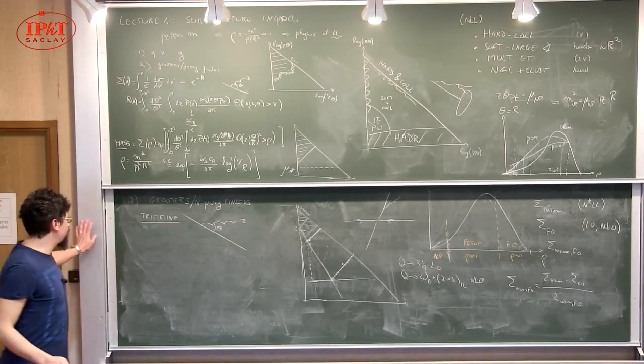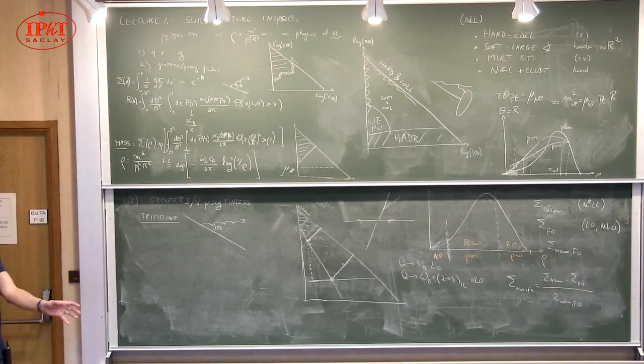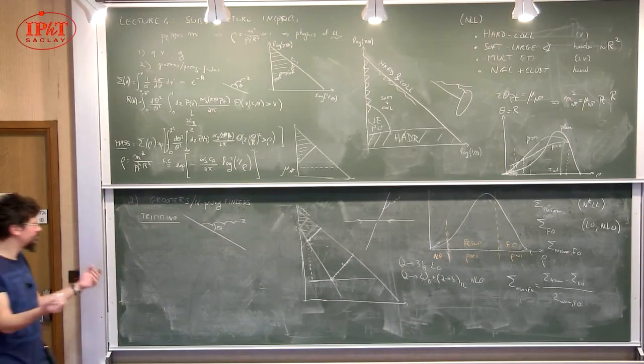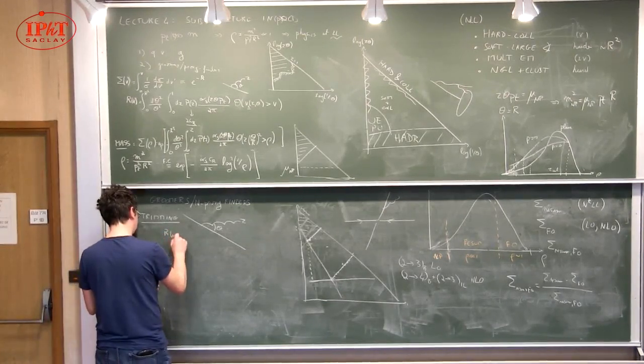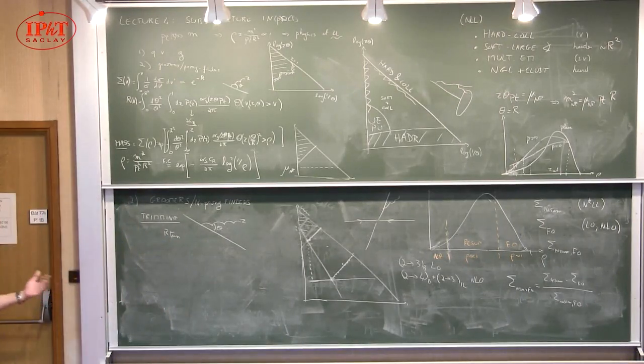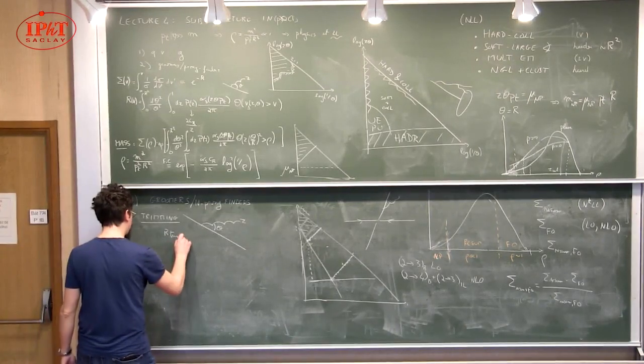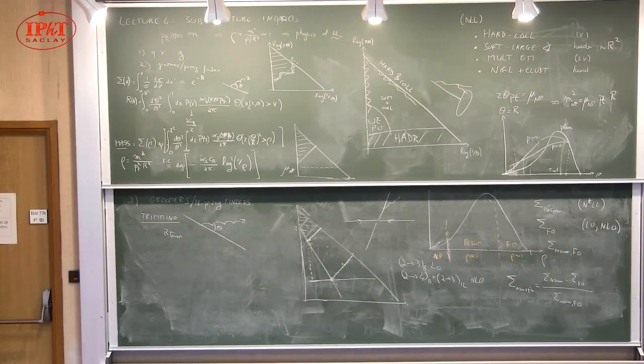Just as a reminder, trimming works by saying I'm going to take my jet and cluster it into small jets of size R trim, a smaller radius, R sub. I don't know, R trim is a bit of a verbose kind of name. And among all these subjets that I find with this smaller radius, I'm going to keep all the subjets which carry at least some fraction of the jet energy.